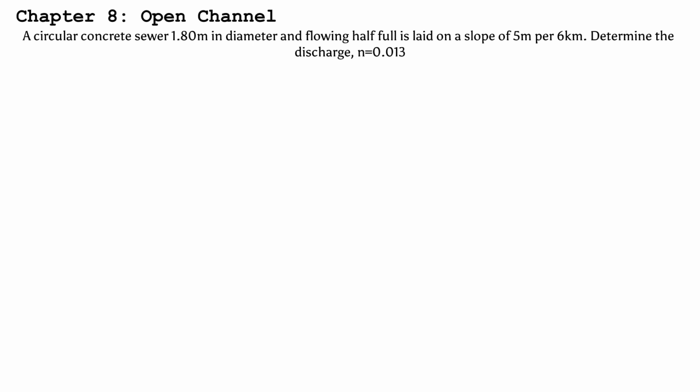In solving the discharge, we're going to use the Manning equation, where A is the cross-sectional area, n is the roughness, R is the hydraulic radius, and S is the slope. So, in the given problem, we have a 1.80 meter diameter, which is to be divided by 2 to get the value of the radius.